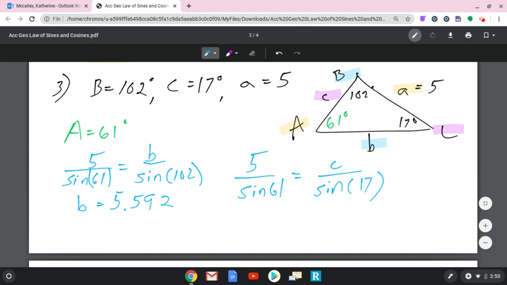So let's take a look. So now I'm going to do 5 sine of 17, make sure you close the parentheses to that sine of 17, and then divide it by sine of 61. So you're going to get C to be 1.671. So now I should have all my unknowns.